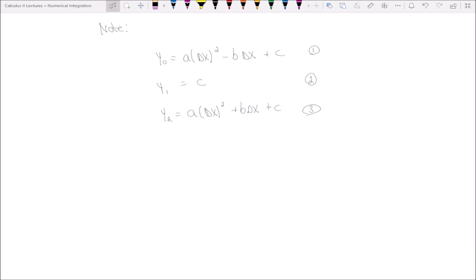If we take 1 plus 3, look at what we get. y0 plus y2 is equal to 2a delta x squared plus 2 times c.